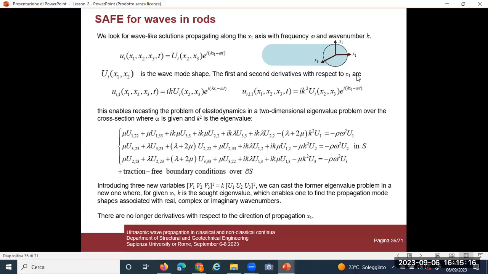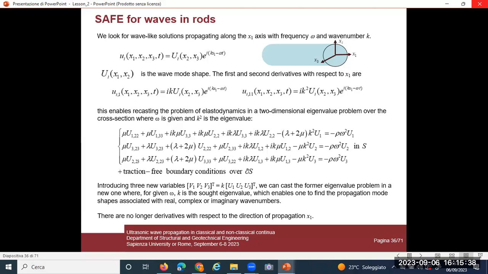Okay? This is not easy to solve by hand like before, because here you've got to enforce three stress conditions on the whole surface. This is a mess.